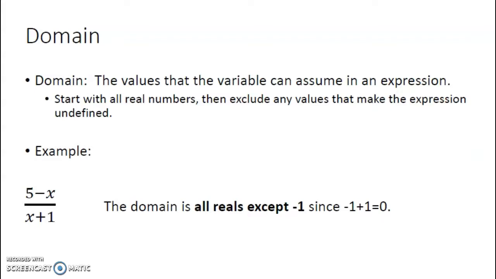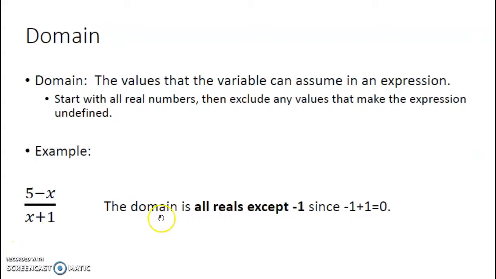So in the example you see here, we have the expression 5 minus x divided by x plus 1. If we think about the denominator, we're looking for the value of the variable x that would make this denominator 0. The only value here that would make this 0 would be -1. Any other value of x we could put in, we could simplify that expression and get some other real number.